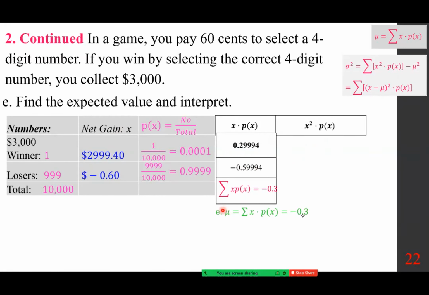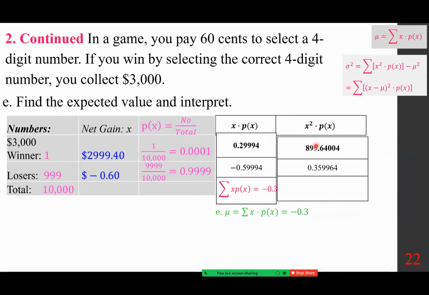So we have mu, we already have that. So when we square this number and we multiply it by this, it gives us 899.64004. I like to carry out a bunch of decimals. You follow the number of decimals they ask you to do. Then when you raise this one to the second power, remember it's x squared p of x, this becomes positive and times this number, we end up with 0.359964.